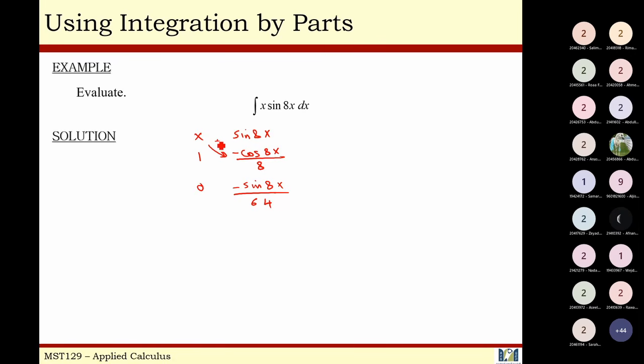So multiply this one by positive, this is by negative. So this is equal to minus x cosine 8x over 8, negative negative positive, sine 8x over 64, plus c. Okay, this is direct. Any question?